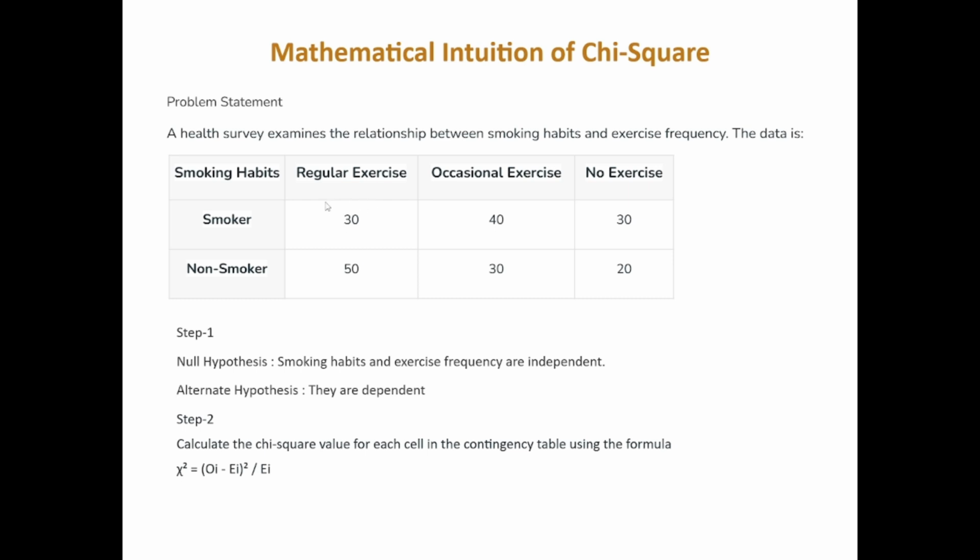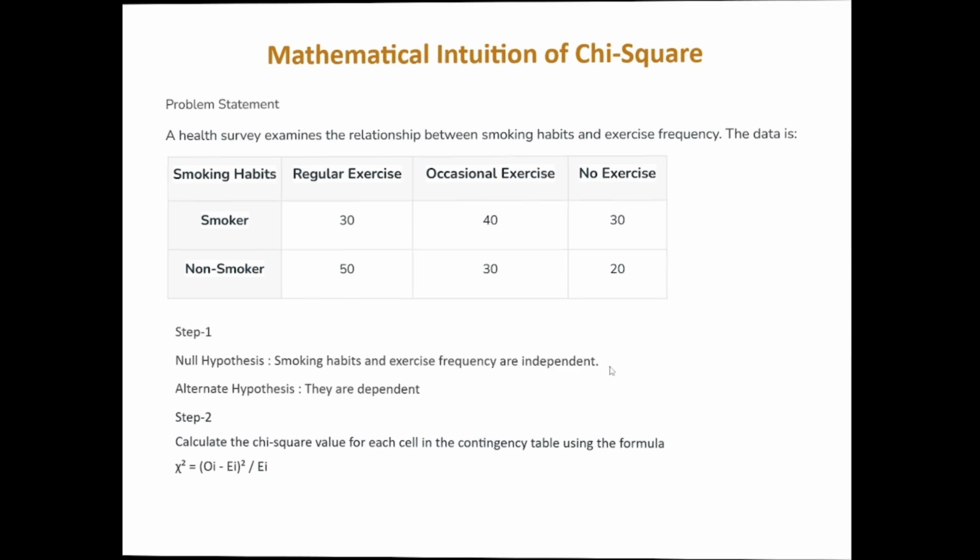If I want to check the chi-square value for this first cell, how will I do it? The formula for calculating the chi-square value is (observed frequency minus expected frequency) squared, divided by the expected frequency.